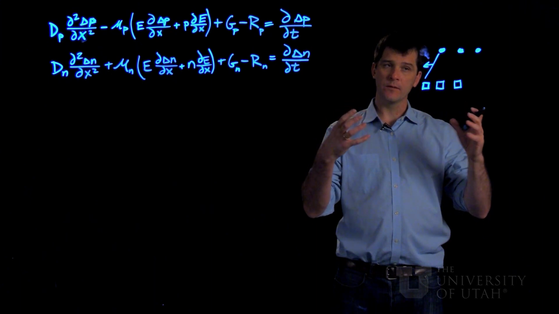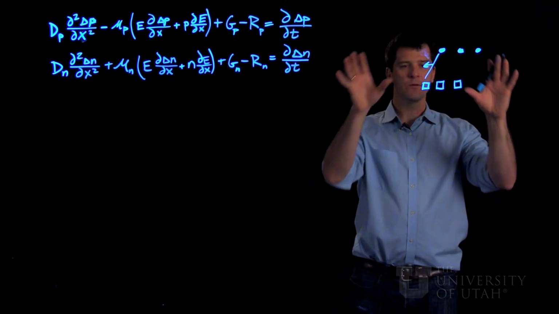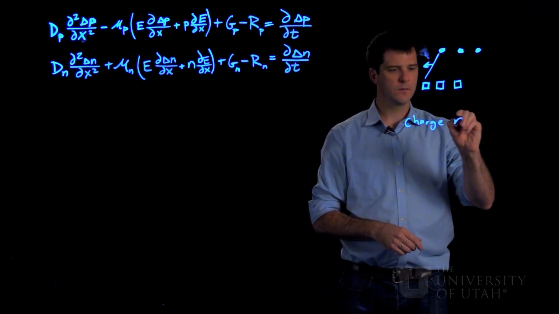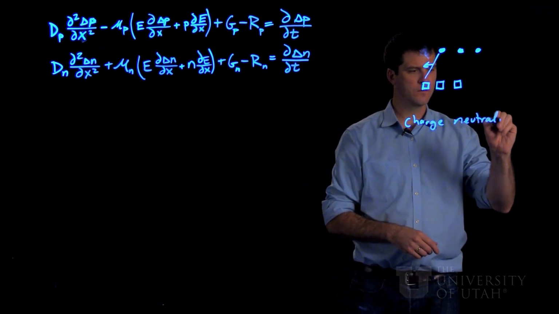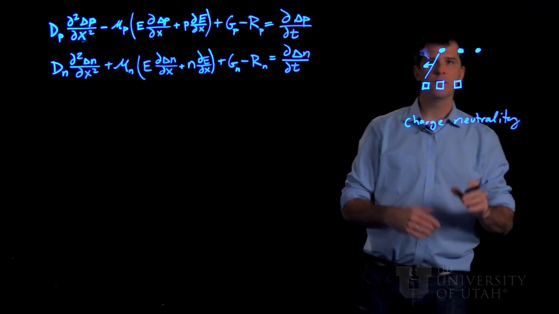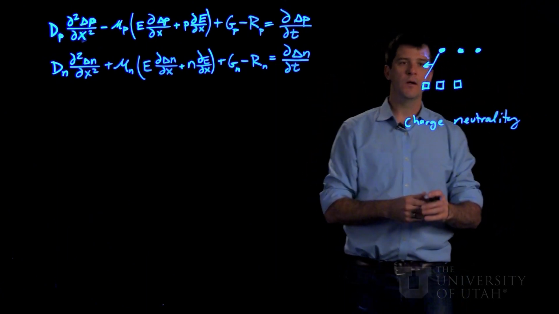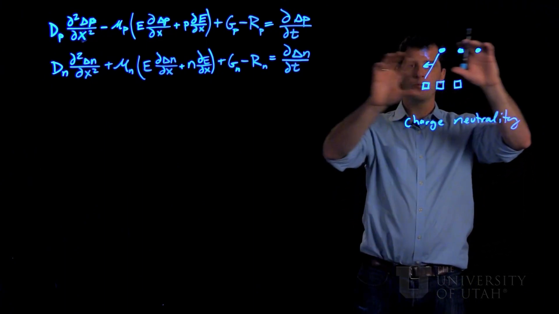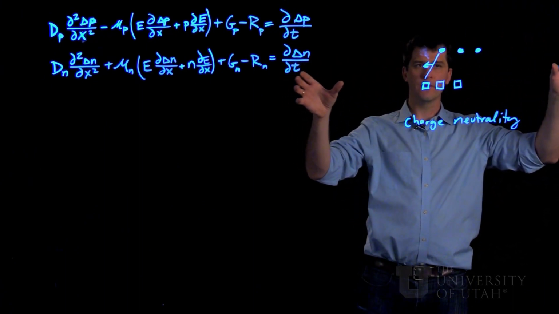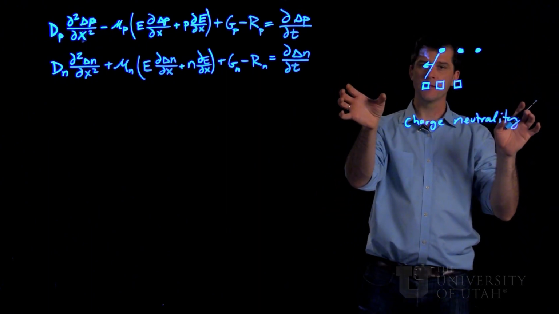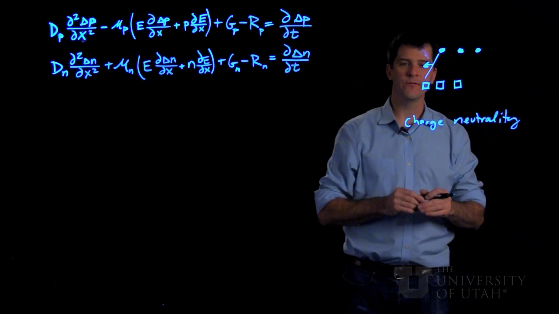And actually, this can be sort of recast in the idea of charge neutrality. So the excess carrier densities, because they're both mobile, could in general spread out and imbalance the semiconductor. You could have a buildup of negative charge here and a buildup of positive charge here. But that's energetically unfavorable.